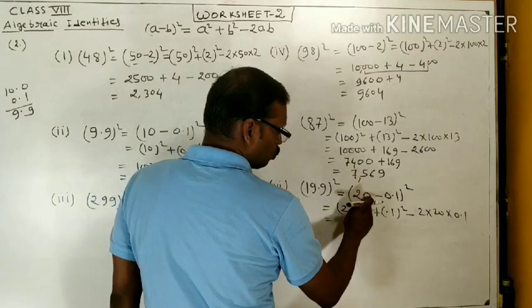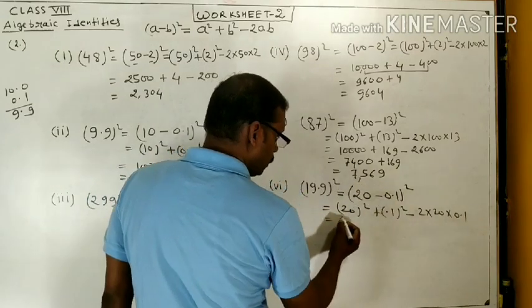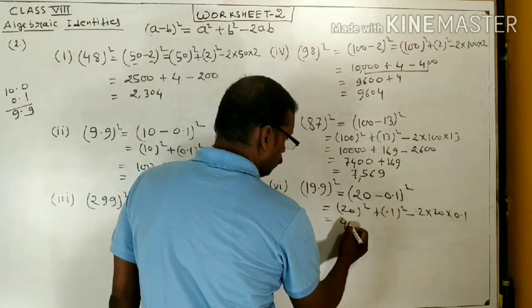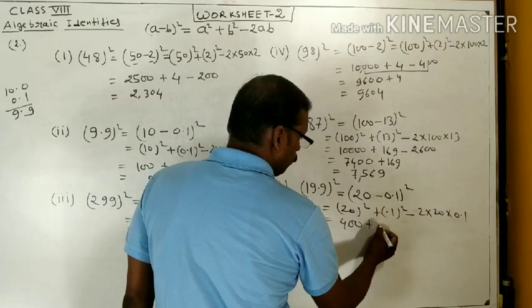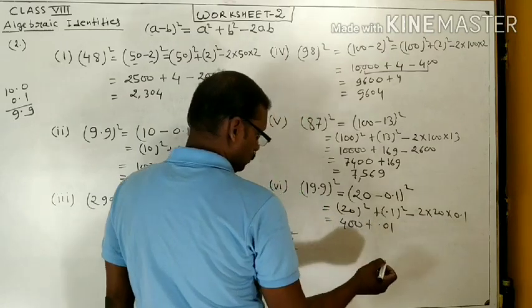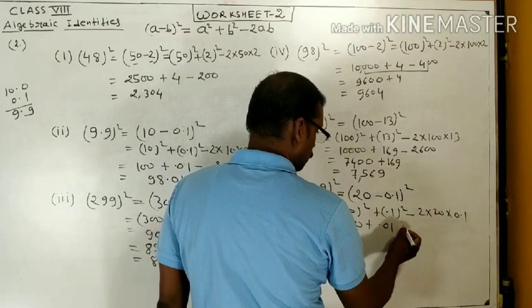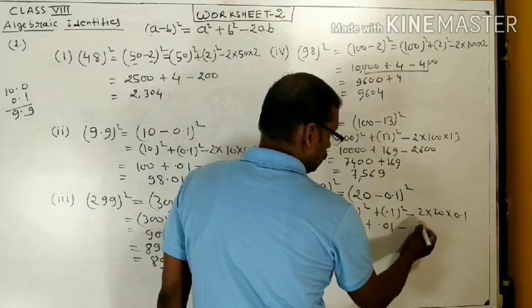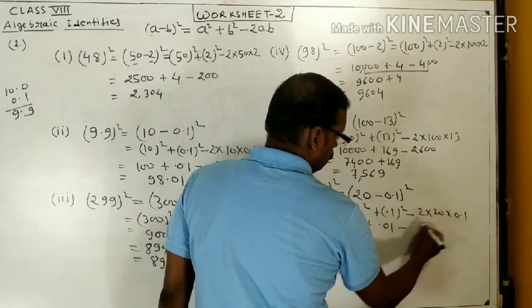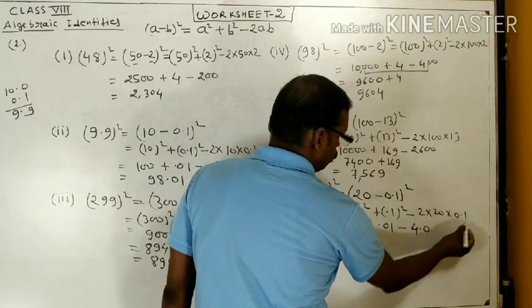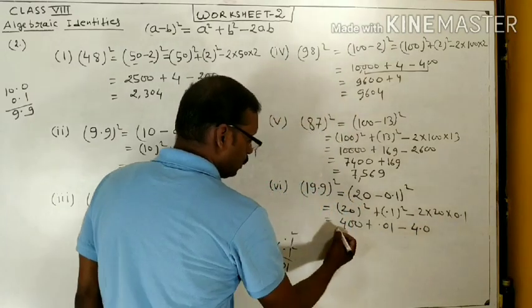In place of a it is 20 and in place of b it is 0.1. So 20 square means 400, 0.1 square means 0.01, minus 2 into 20 into 0.1, that is 4.0. Put the point after one digit.